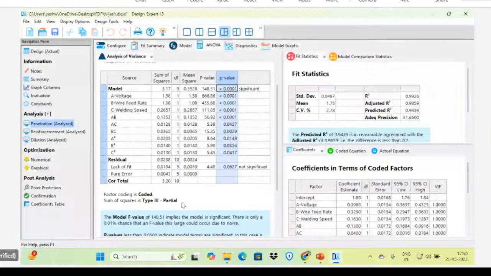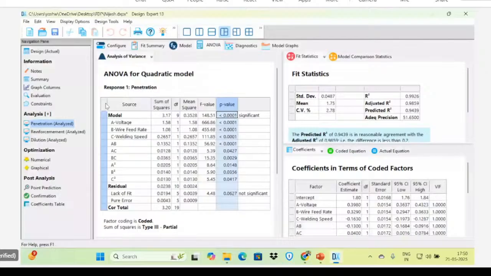So this F value you can see. F value of the model is 148.51. Voltage is 666.86. Wire feed rate is 455.68, and welding speed is this. One more column we have to add is the contribution percentage.